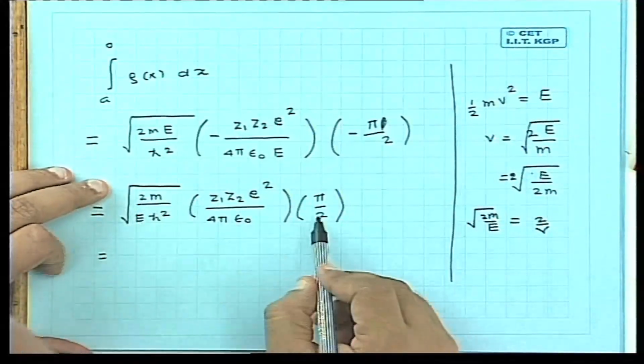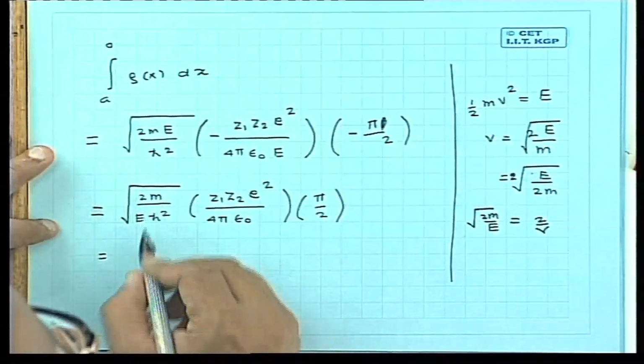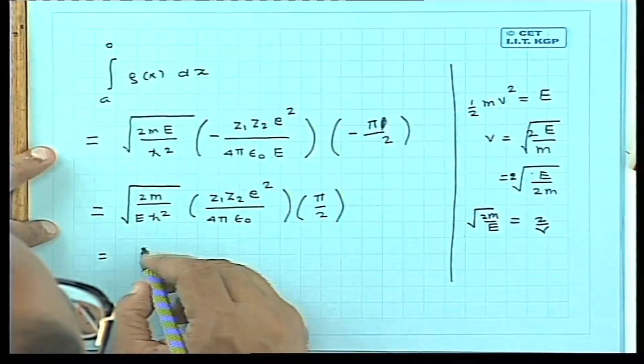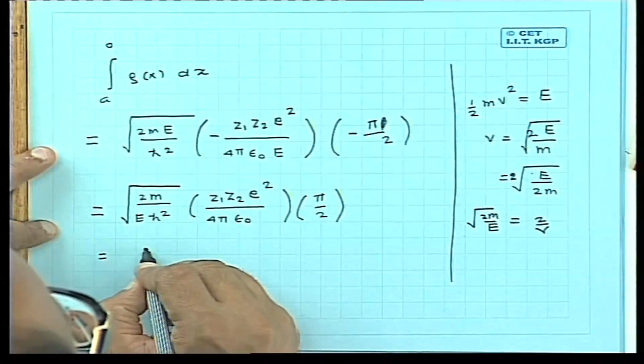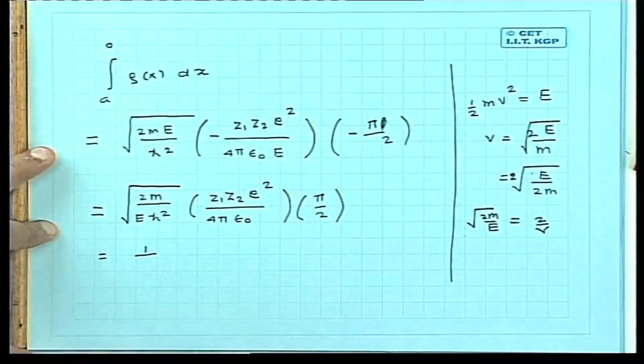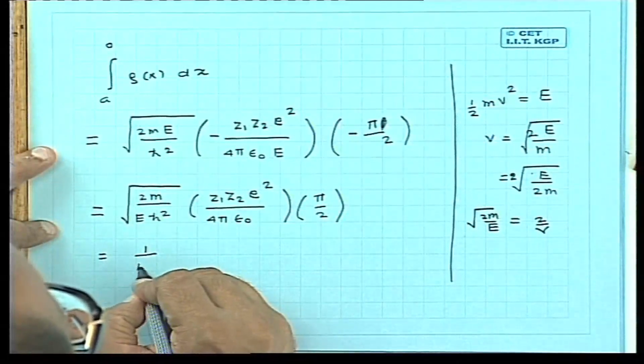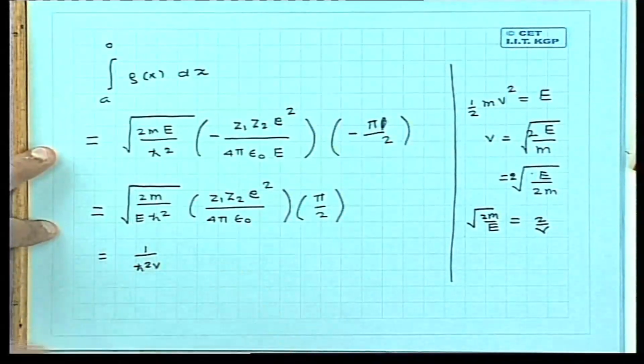So this 2 will cancel with the 2 over here, and what I have is 1 by h cross square into v.